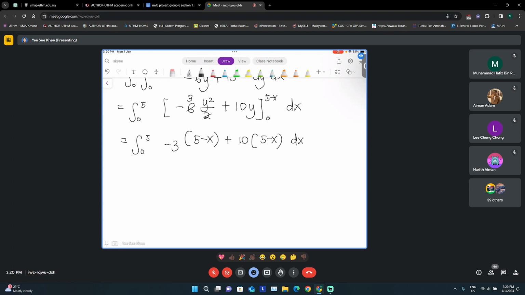Now you can press the calculator. Power 2. So it is 0.